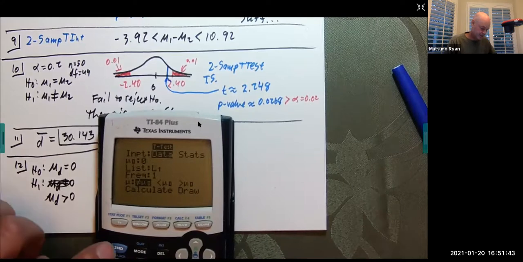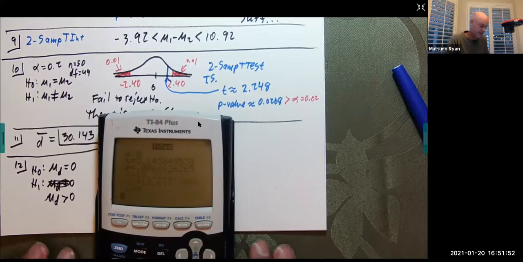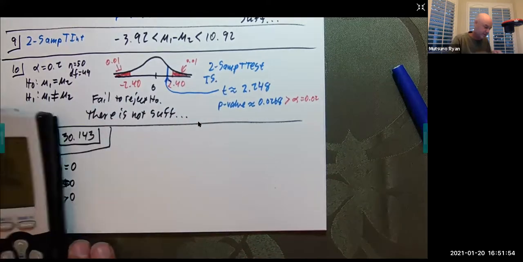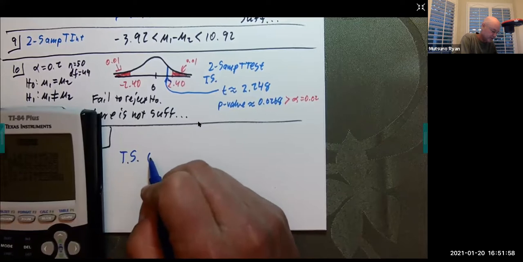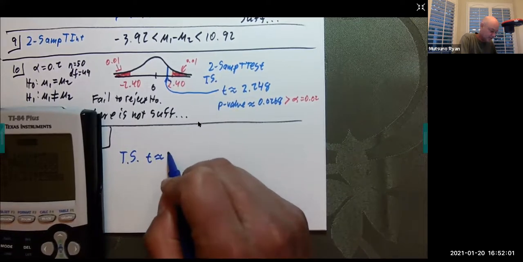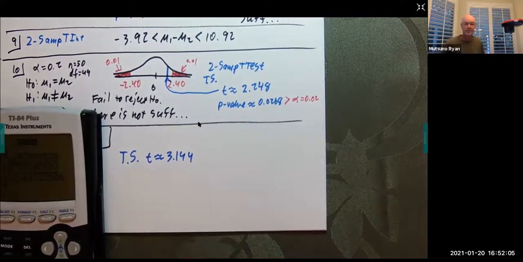And I need to change it to list 3. That's second 3. That changes it to list 3. We have a larger than situation here. And to calculate. So you can see our test statistic is T is equal to 3.144. There it is.